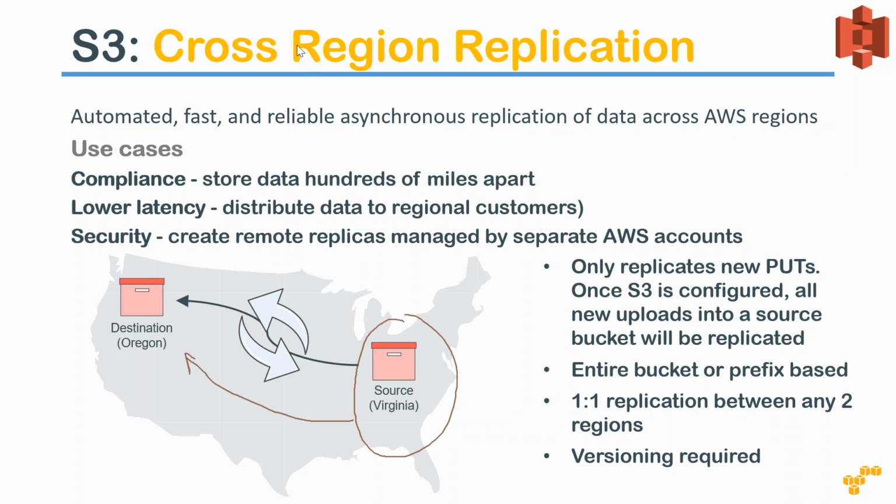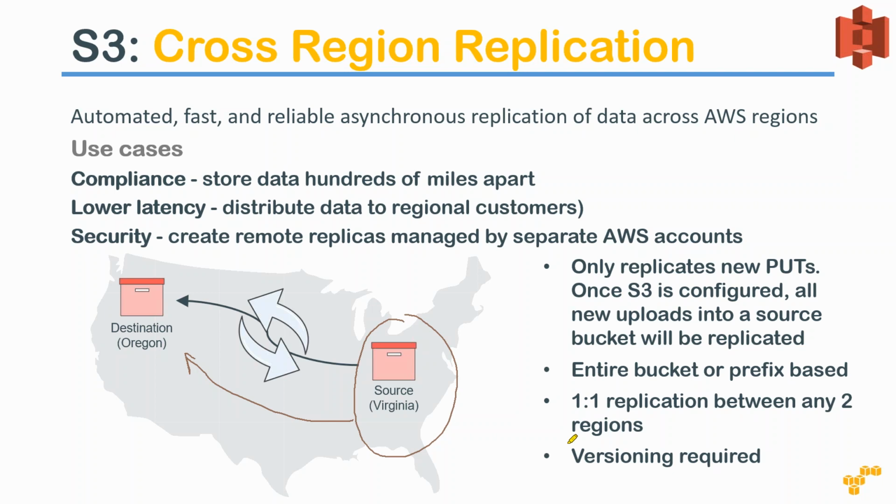But one thing that you should remember always is only the objects that are added after you enable cross-region replication will get replicated. So if you have 1,000 objects and then you go ahead and create cross-region replication and expect the 1,000 objects on the destination, it won't be there.